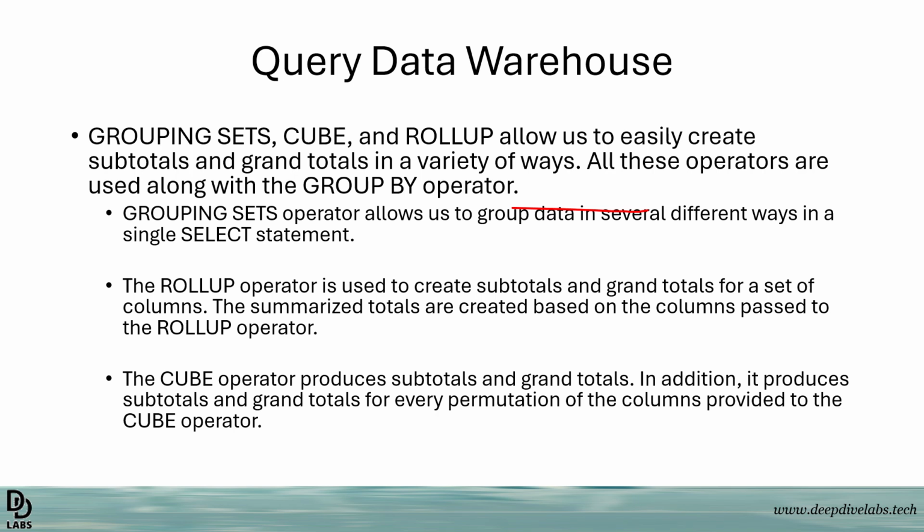And then you have the cube operator, which also produces subtotals and grand totals. It produces this aggregated information for every permutation of the columns provided, because in a data cube you can pivot data from multiple dimensions. So every combination of the columns provided is produced by the group by cube operator. So let's see some examples.